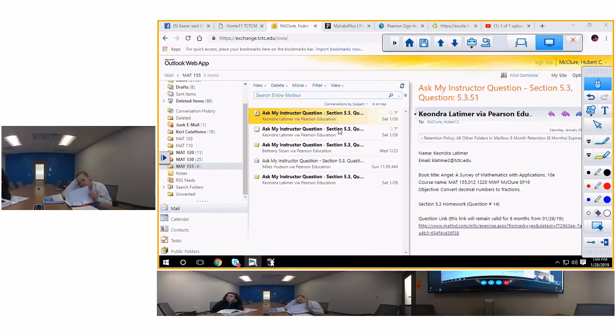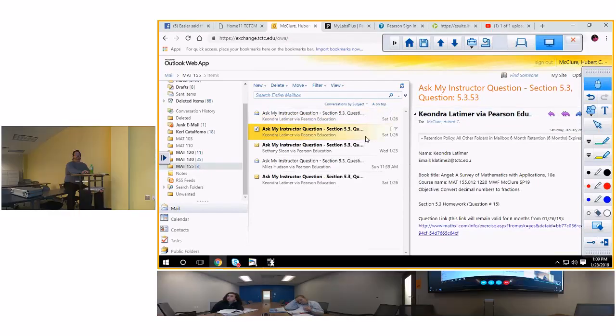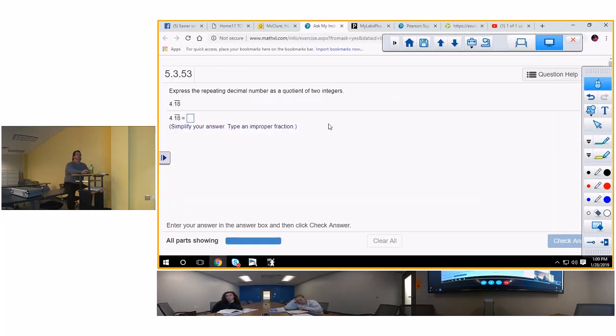Okay, 5.3, 53 and 15. What are you going to multiply here by? 100. You'd multiply by 100, so do that. x is equal to 4.18 repeating.